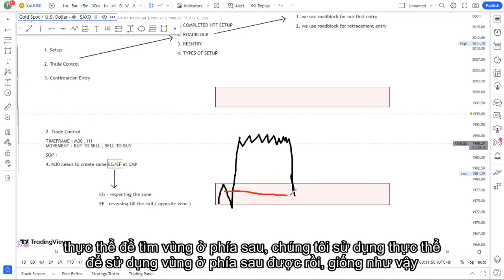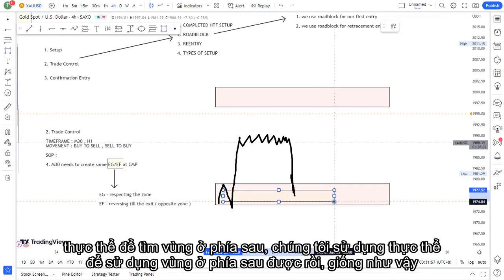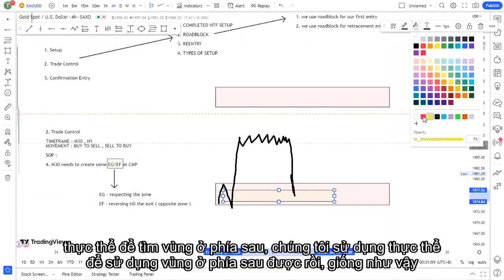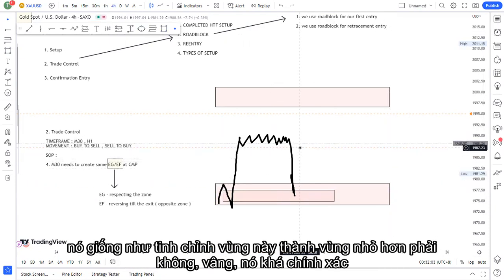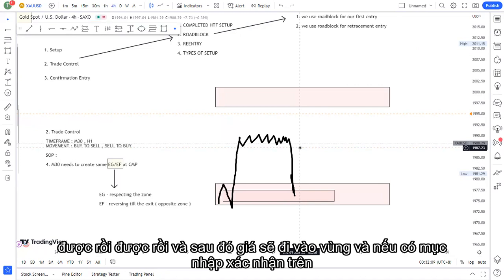Use the M30 to look for the zone at the back. It is kind of refining this zone into a smaller one, to be more precise.